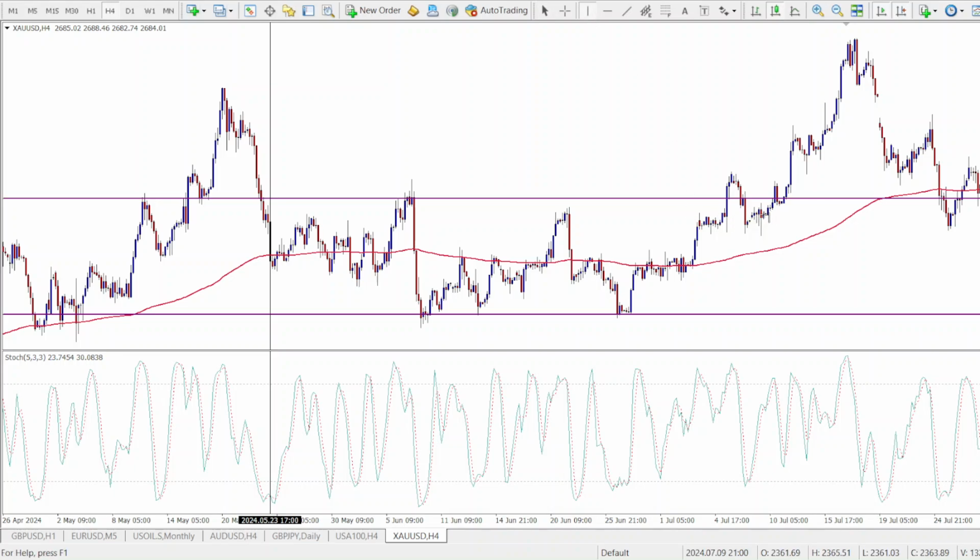We had a significant consolidation, so I'm just going to be adding a rectangle to show that. We can see we had a ranging market within this zone. So when the market is ranging, it might not really be a good opportunity to trade using this particular strategy.